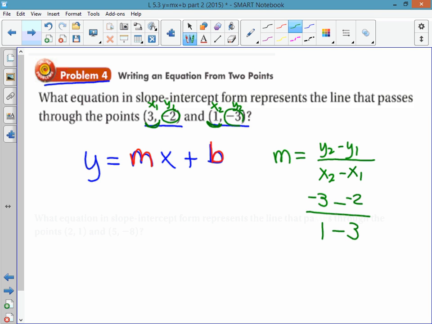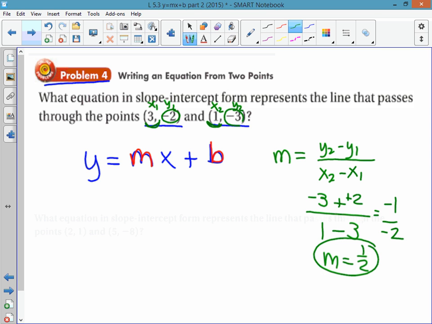Negative 3 minus a negative 2, the minus a negative becomes plus a positive, so negative 3 plus 2 is negative 1, and 1 minus 3 is negative 2. Negative 1 divided by negative 2 is positive 1/2.